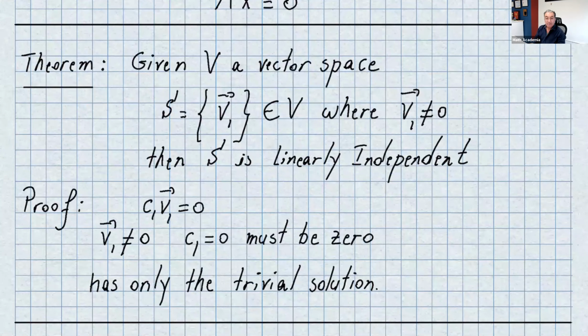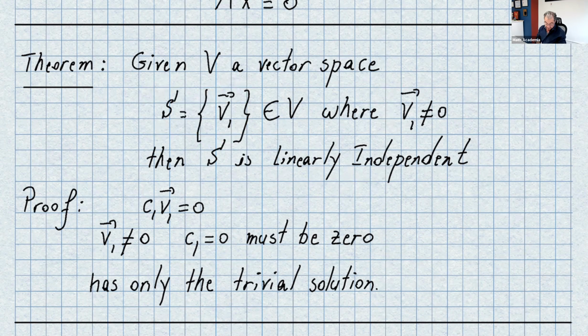Now let's go over some theorems. This lecture, that's what I want to do, and then some little proofs. So given V a vector space, and we only have one vector in S, which is in V, and that vector is not equal to 0, then S is a linearly independent set of vectors.